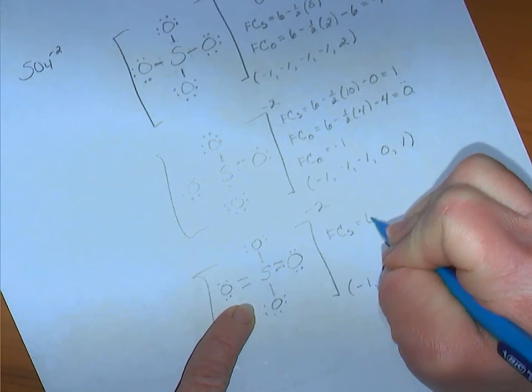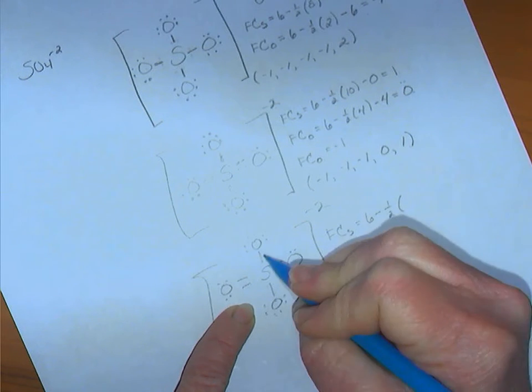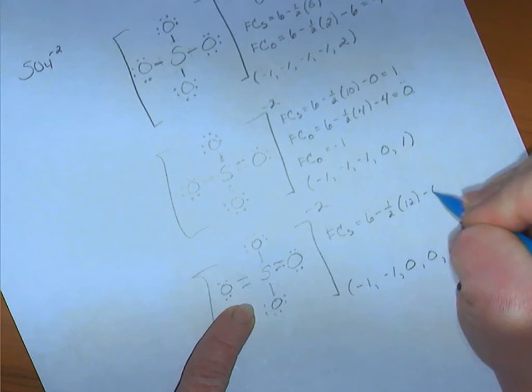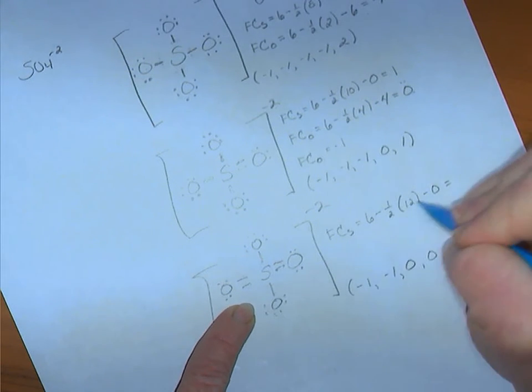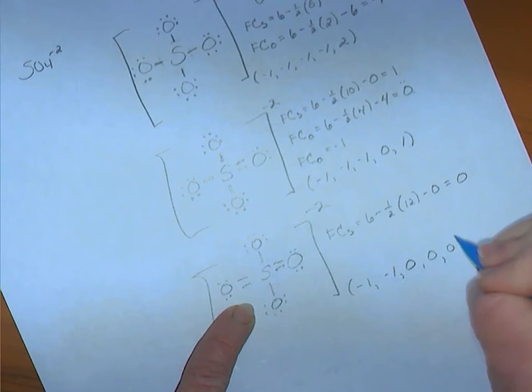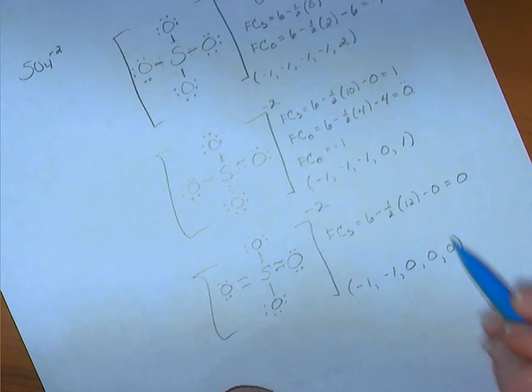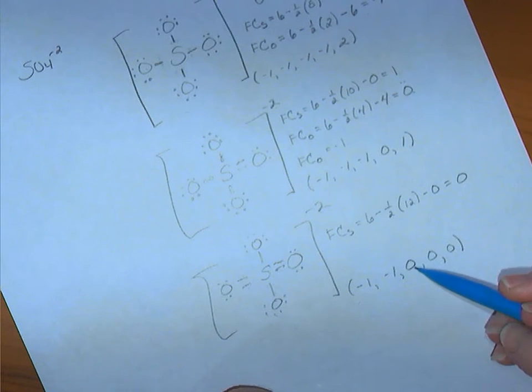So 6 minus 1/2 of 2, 4, 6, 8, 10, 12, and no lone. Ooh, 0. So far, this looks so much better. Again, we're going to add up to be -2, but I have 3 zeros. That collectively is much better.